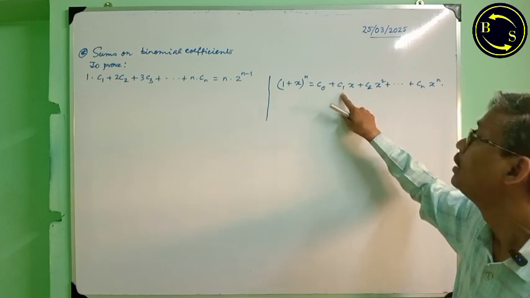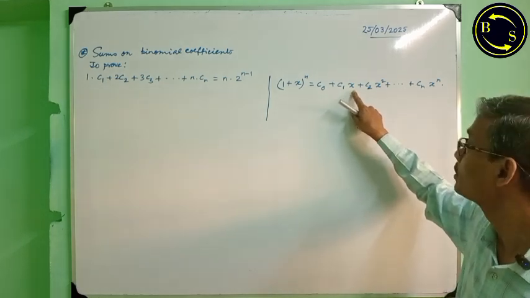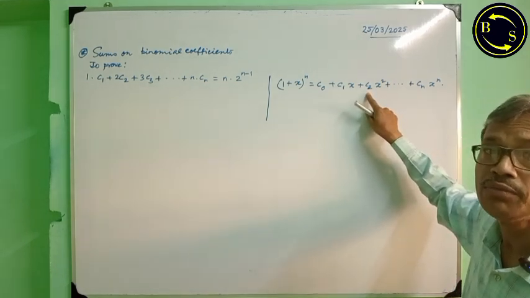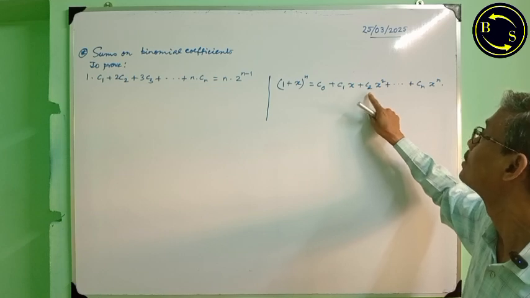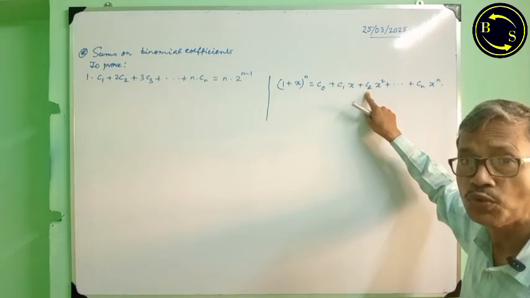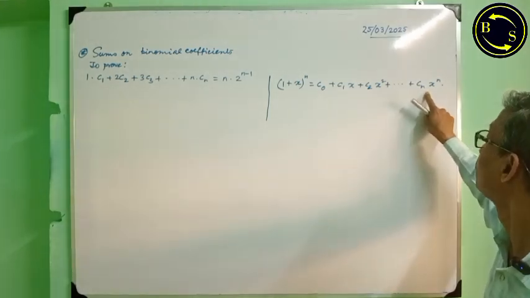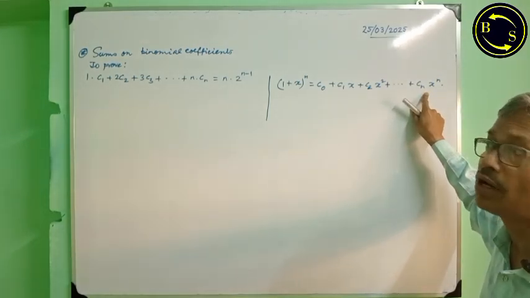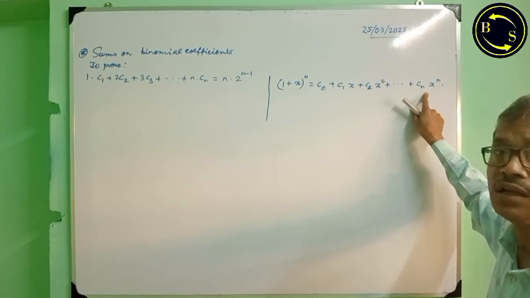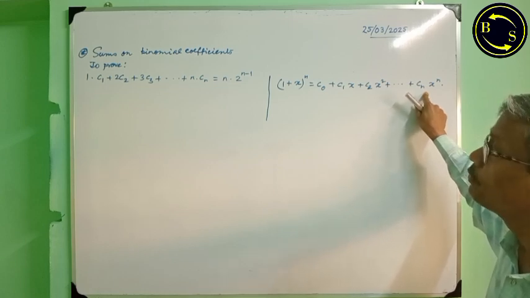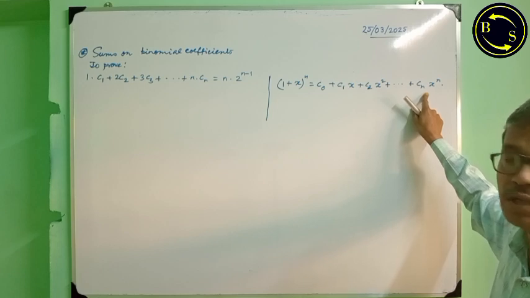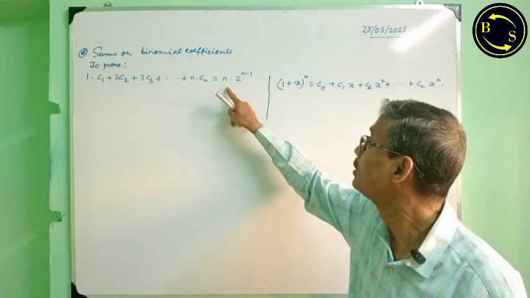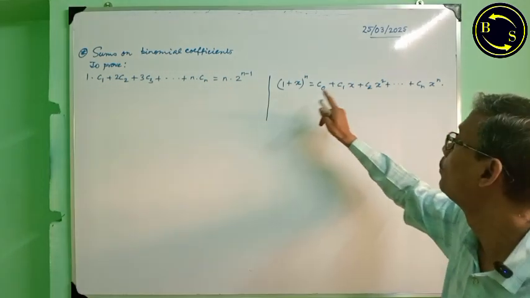This will be C1 into derivative of x, that means C1 plus 2C2 into derivative of x, that is 2C2x finally, and this one will give n Cn into x to the power n minus 1. Now if we put x equal to 1, then we shall get the right hand side from here.